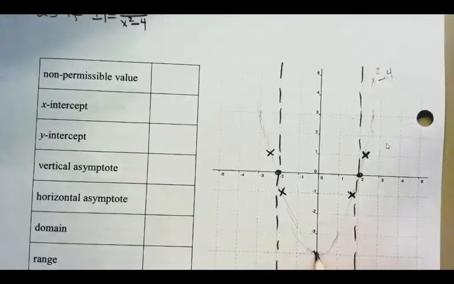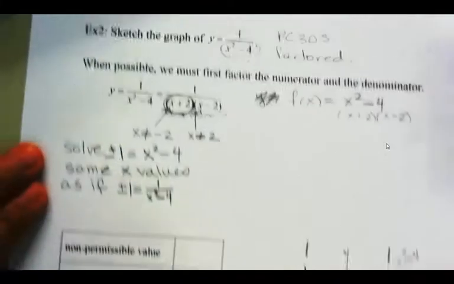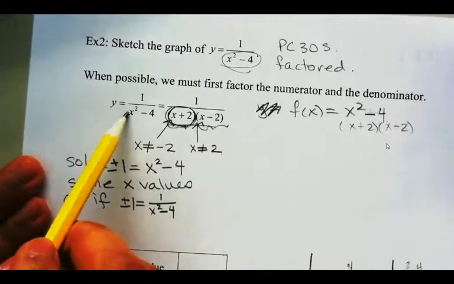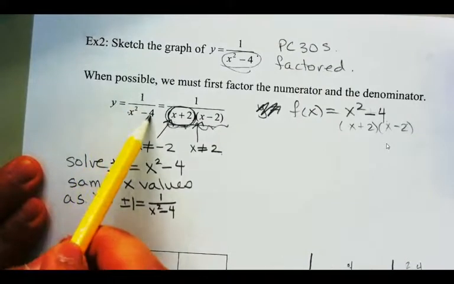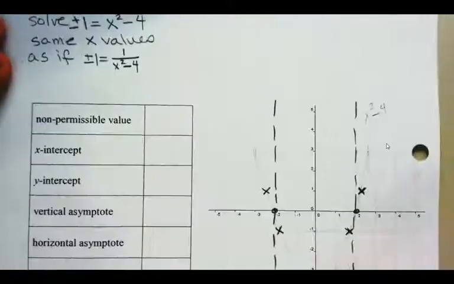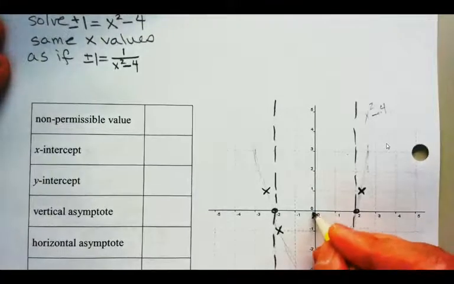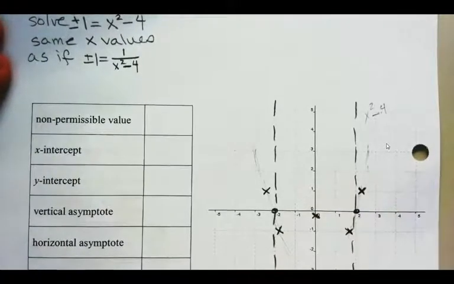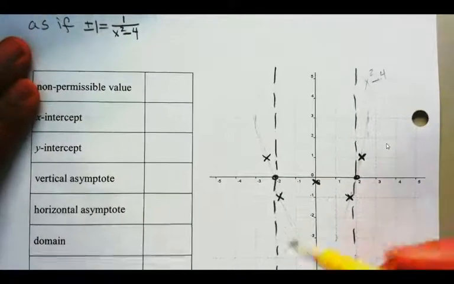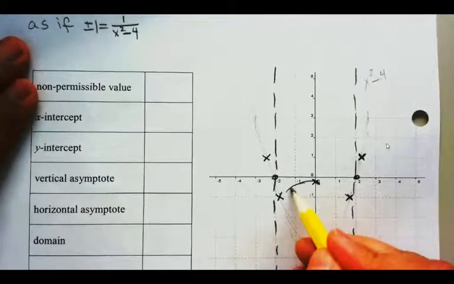This ends up becoming -1/4. So if I take x equals 0 and plug it in here, then I end up with 1 over -4, right? So this point ends up here. Okay, so I end up with this general shape. I connect these three together.